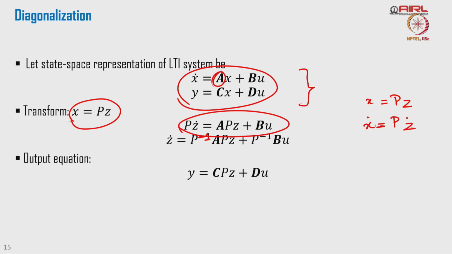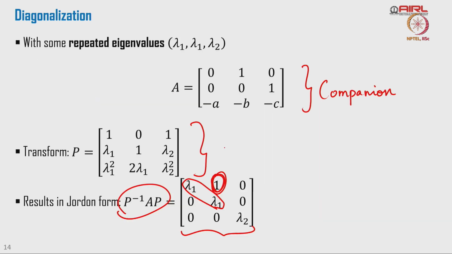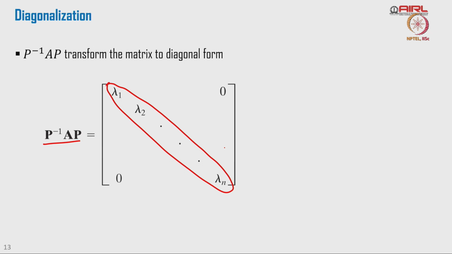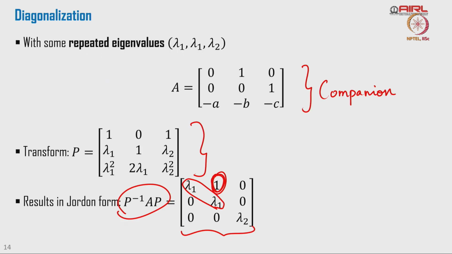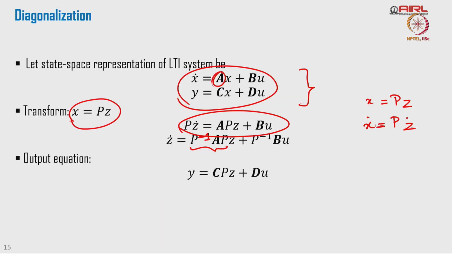And remember, if A had distinct eigenvalues, then this P inverse AP would just be a diagonal matrix, and this will play a very important role when you are trying to find the next states of a system. And the output equation eventually becomes y equals CPz plus DU.